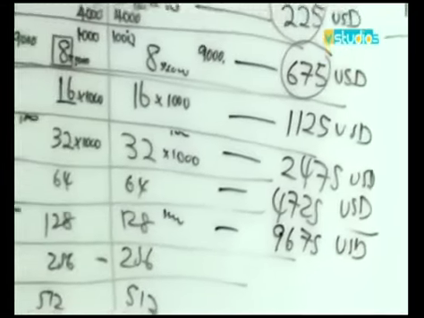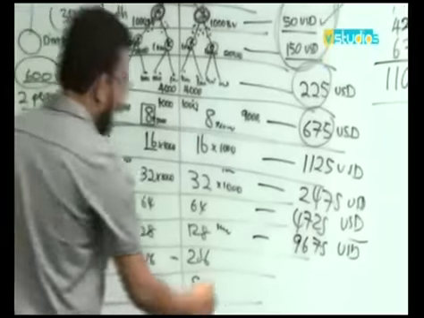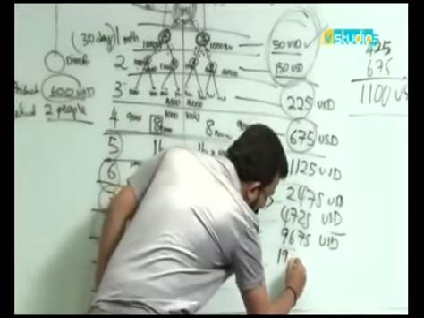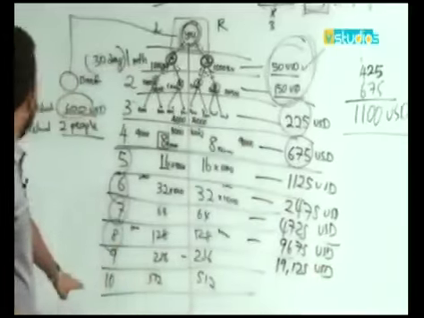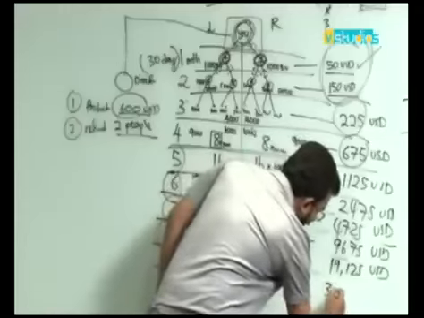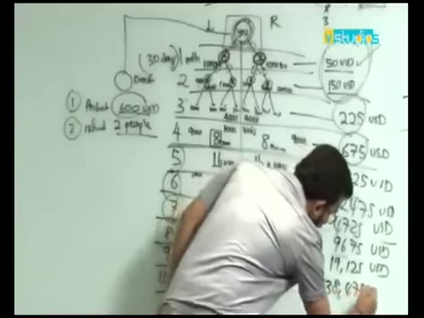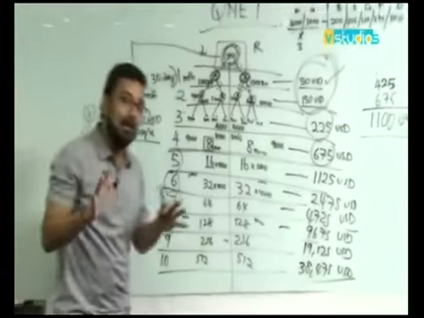On the 9th month, get excited, your income is 19,125 US dollars. On the 10th month, get ready for this, your income is 38,475 US dollars. Woo!